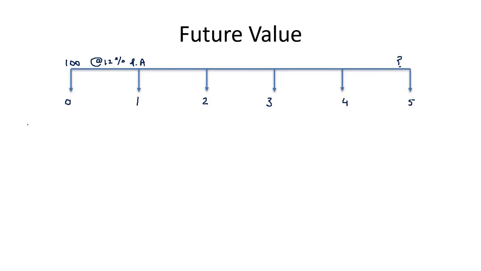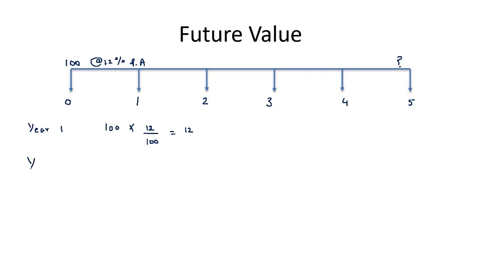So let's do that as a year by year calculation. Let's say year 1 we write here. So 100 rupees is deposited in a bank that earns you 12%. So this is 12 rupees that you earn.